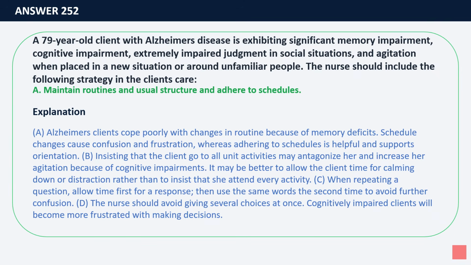It may be better to allow the client time for calming down or distraction rather than to insist that she attend every activity. C. When repeating a question, allow time first for a response, then use the same words the second time to avoid further confusion. D. The nurse should avoid giving several choices at once. Cognitively impaired clients will become more frustrated with making decisions.